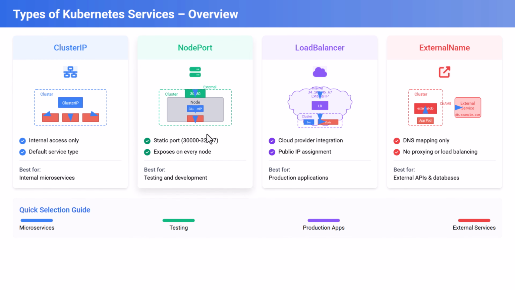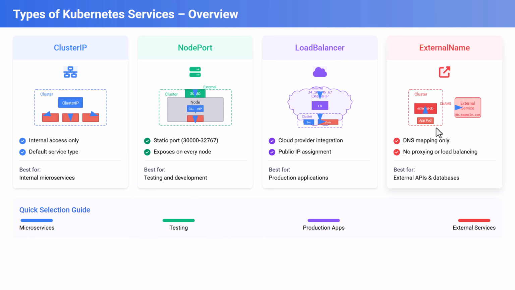NodePort exposes your application on a static port on each node, handy for testing and development. LoadBalancer, perfect for production. It gets a public IP and balances traffic across the pods. ExternalName maps your service to an external DNS name, useful for accessing managed services like external APIs.